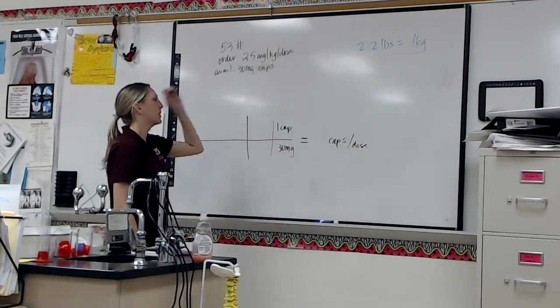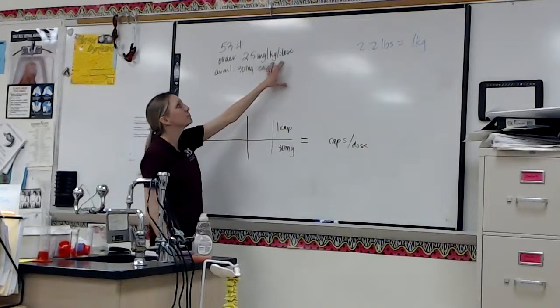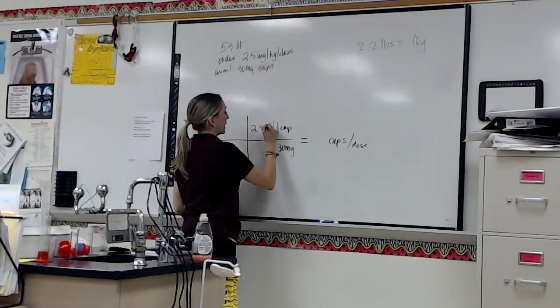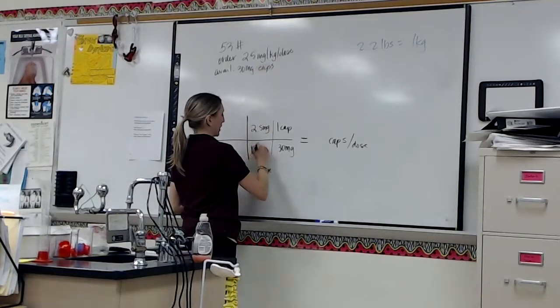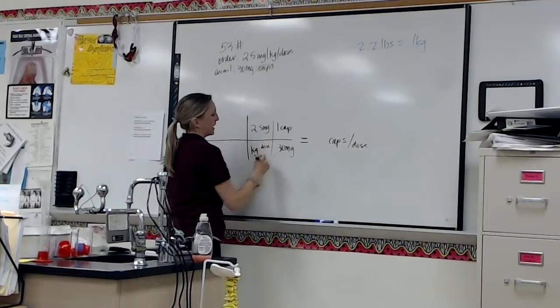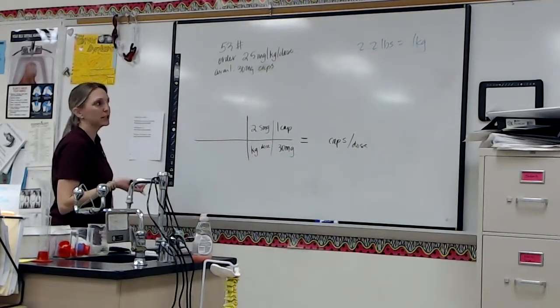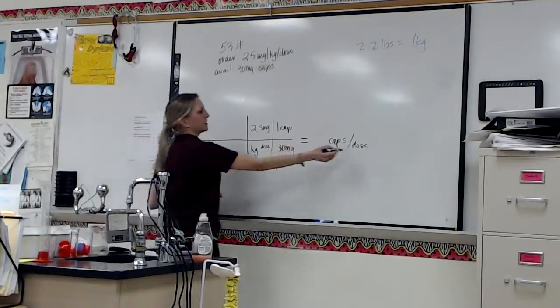So you can leave that if you want to, however that works for you is fine. But you can put that kilograms and dose on the bottom. So I could put 2.5 milligrams per kilogram per dose down here. Or we can just take off the dose for this particular problem, but we'll just leave it since I wrote it down here.